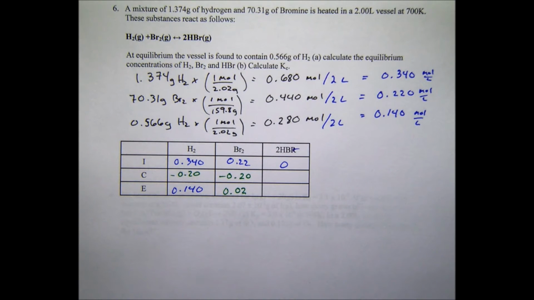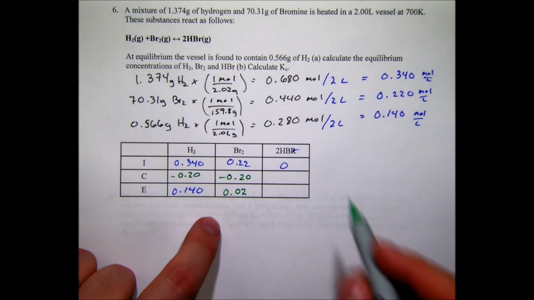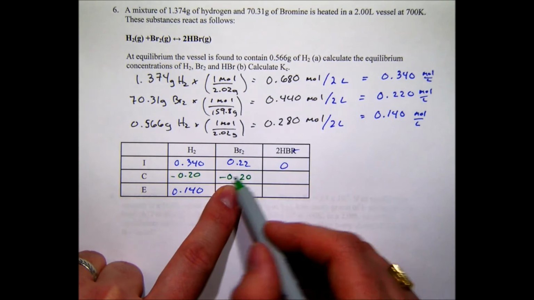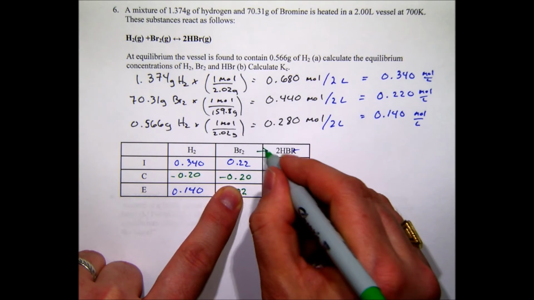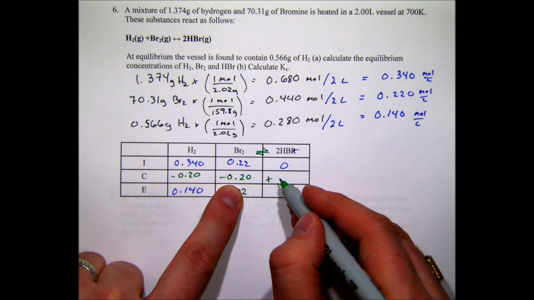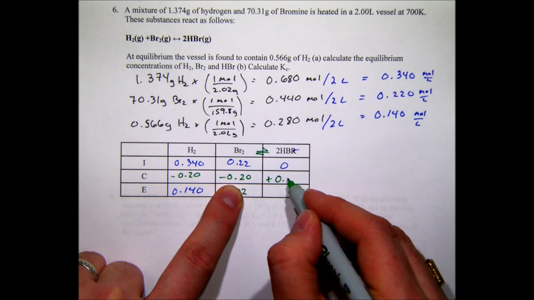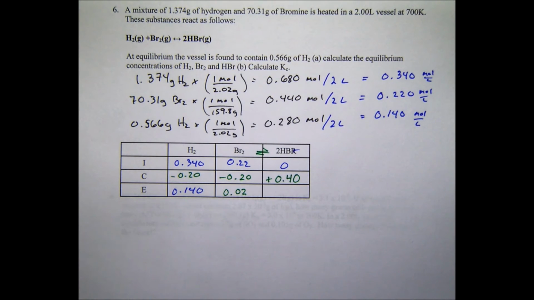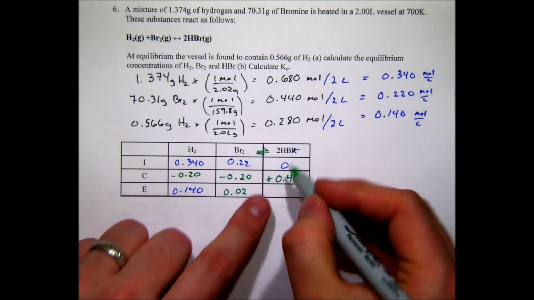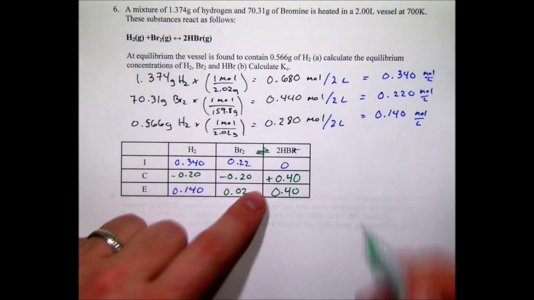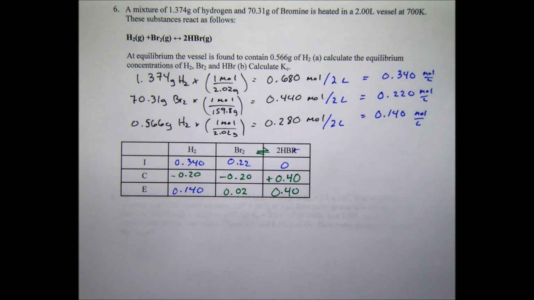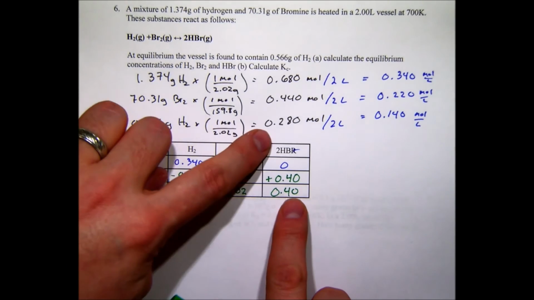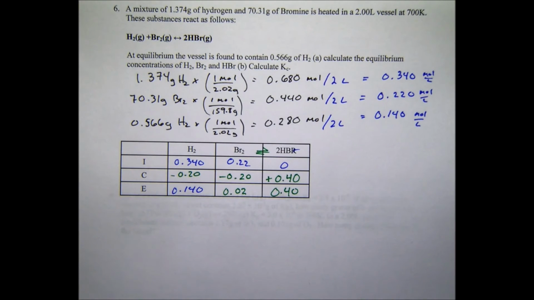And then finally, HBr would simply, because of the 2, gain twice that, as it's a product. So 0.40. So there's our equilibrium concentrations of H2, Br2, and HBr.